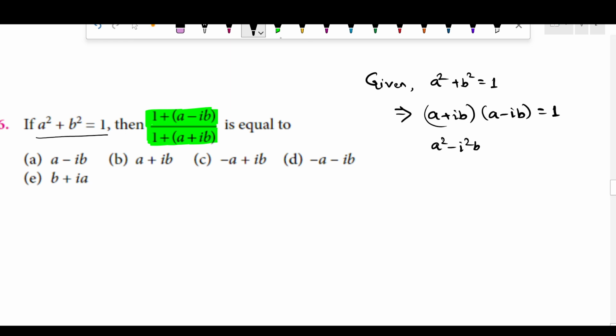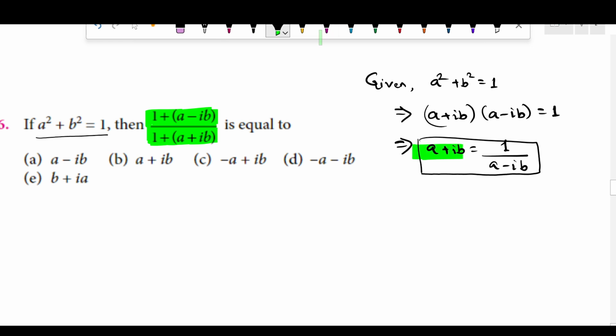This will be a square minus iota b square equals 1, or a square plus b square is 1, right? So this can be factorized, which implies that a plus iota b is equal to 1 over a minus iota b, right? Now with the help of this equation we are going to solve this.